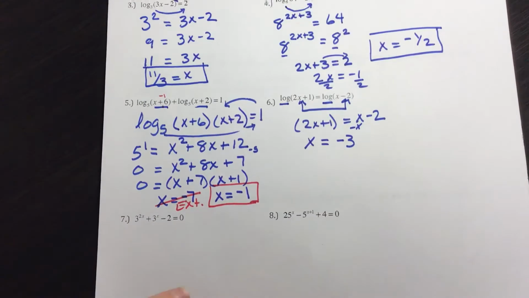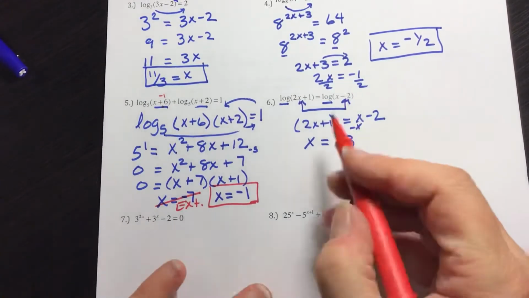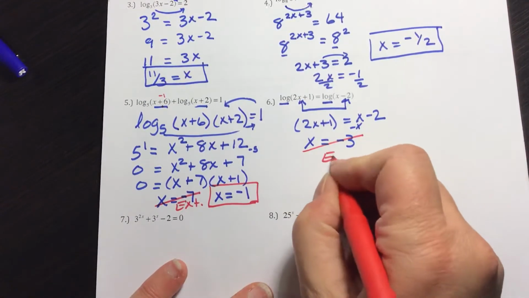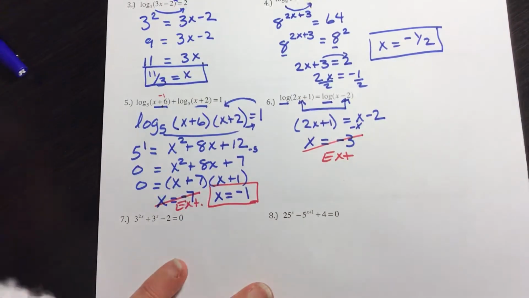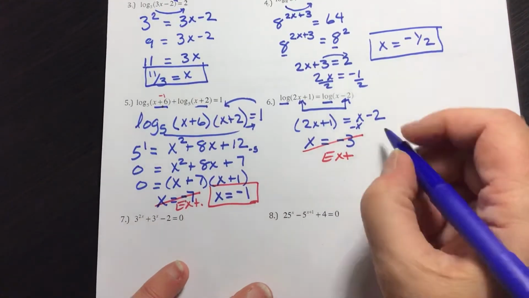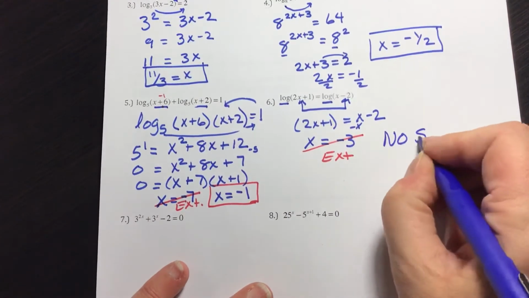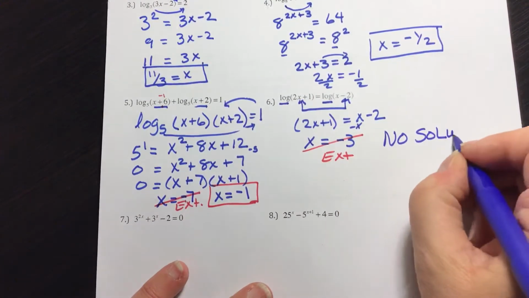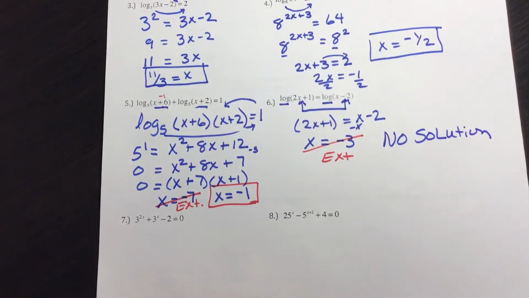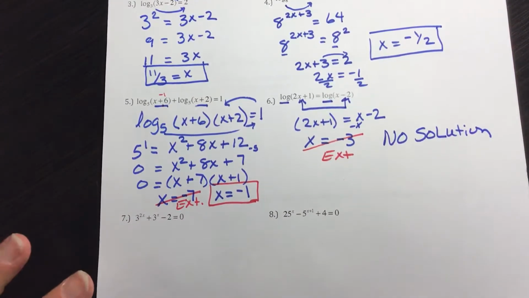I would say that this is extraneous. It works, but it doesn't work in my domain. And because that's my only solution, I would say no solution. That was kind of a tricky one there.